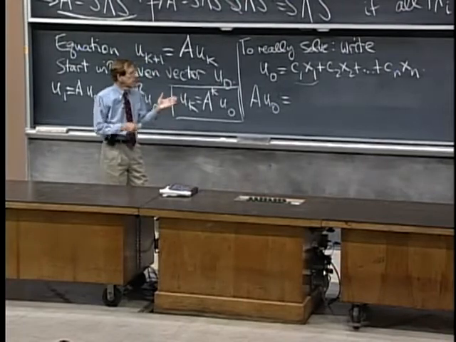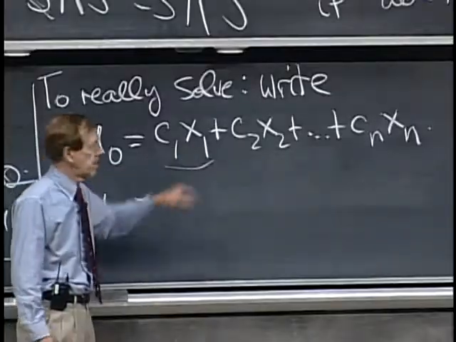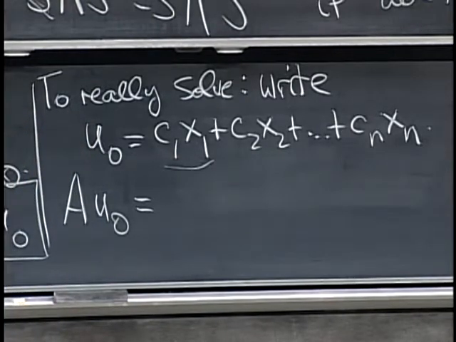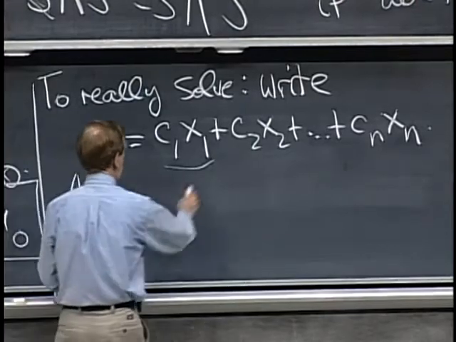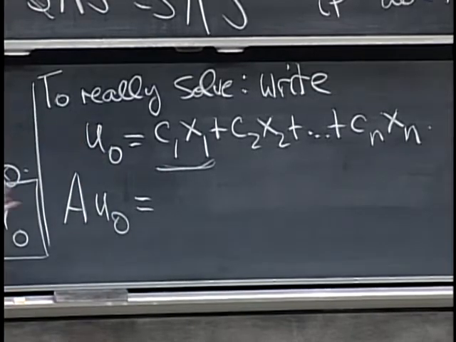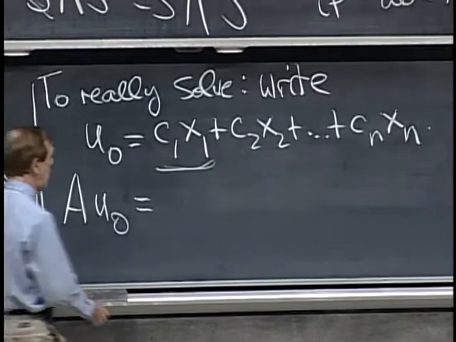So that's some amount of the first. Let's suppose the eigenvectors are normalized to be unit vectors. So that says what the eigenvector is, and I need some multiple of it to produce u naught. Okay. Now when I multiply by A, what do I get?